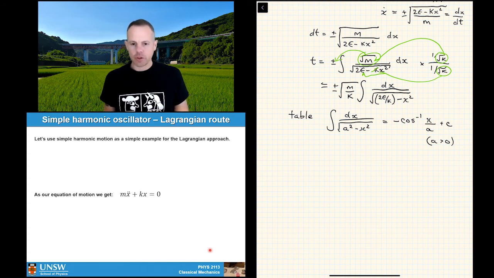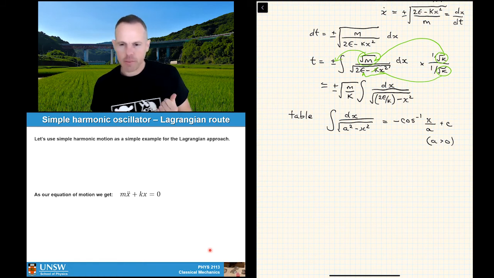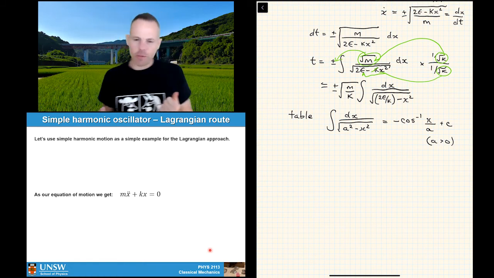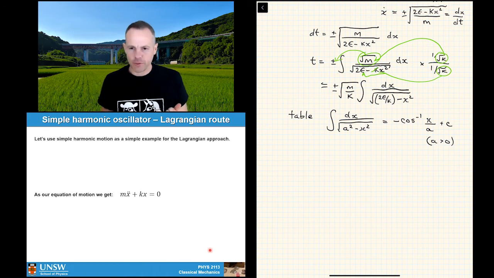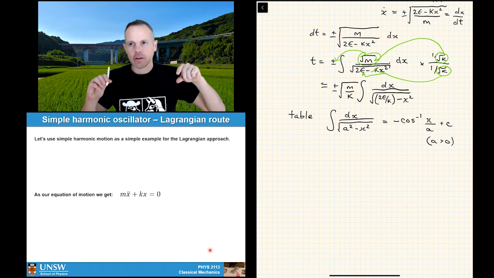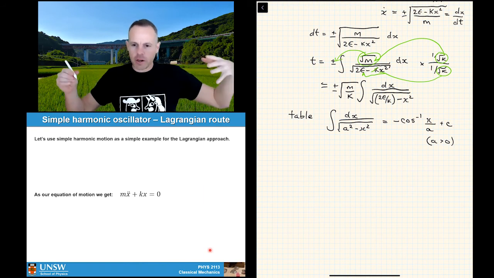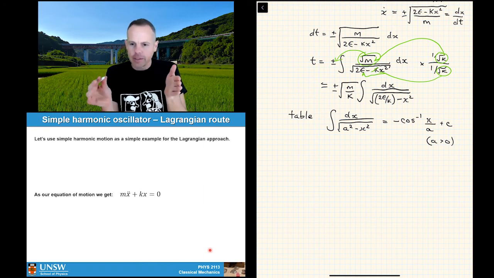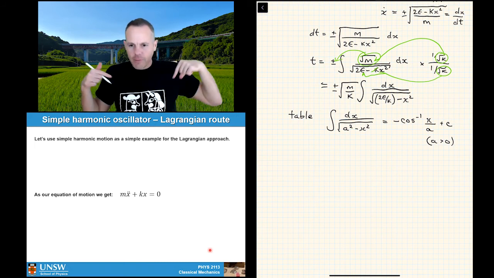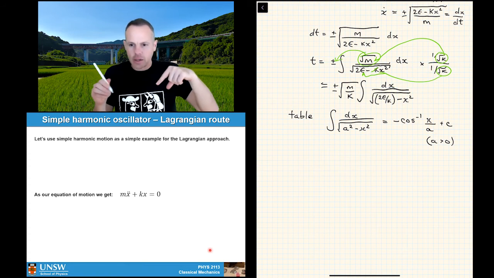I highly recommend having a good place to keep tables of integrals. You don't need to remember them. It's just useful to remember what kind of things you tend to find in those tables, because it's kind of like being in a building where you need to find the exit. Actually, an aeroplane's a good example. When they do the safety demonstration in an aeroplane, they remind you where all the exits are, so that if you ever have to leave the plane, you know which is your nearest exit.